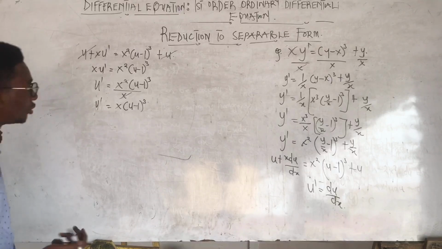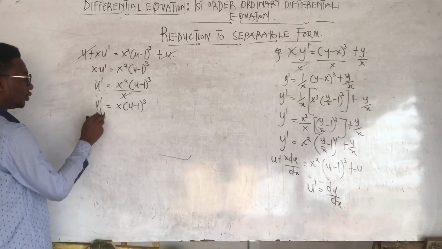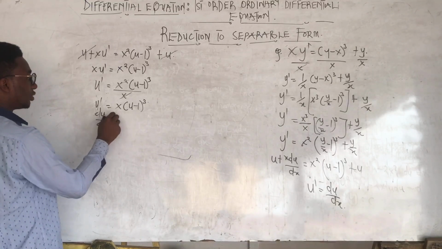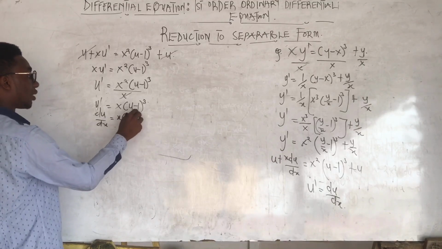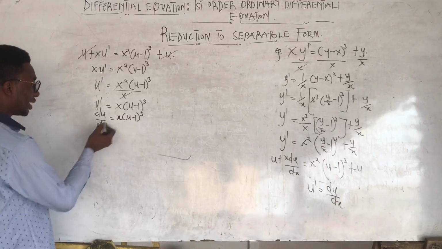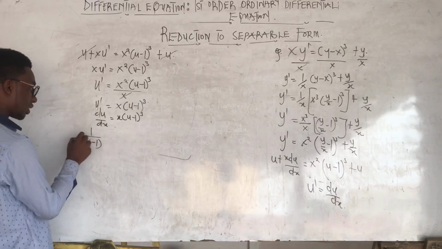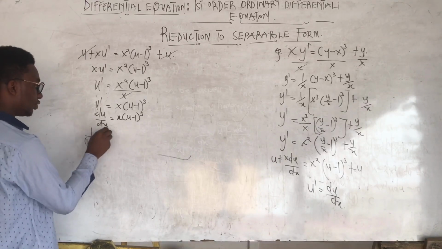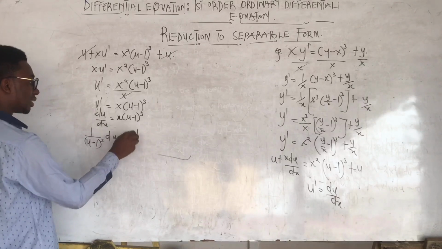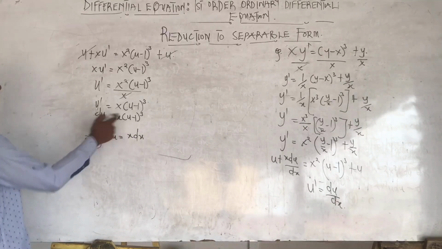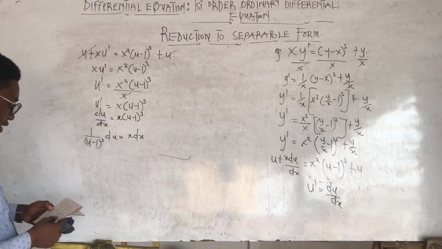So du/dx equals x (u minus 1) cubed. Upon separating it, you have 1 over (u minus 1) cubed du equal to x dx, by cross multiplying and dividing.